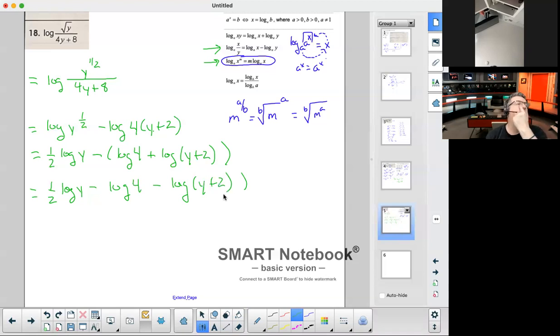And let's see what you have. No, you still can't divide. You can't divide anything within the logarithm that's outside the logarithm. Okay, yeah, I missed that step. Okay, I think that was it for that page.